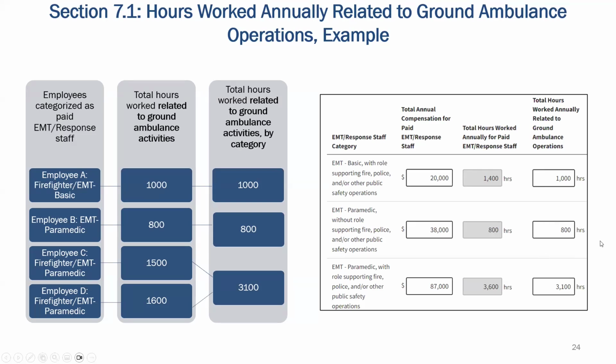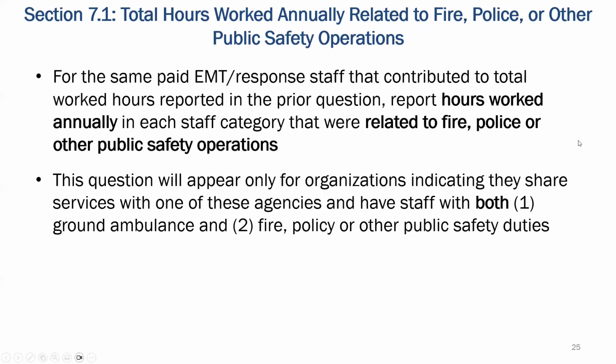Same thing for employee B, the EMT paramedic without a fire role: that 800 hours worked total during the data collection period ports right over to this response on the right, 800 hours. And then for the 2 staff, employees C and D, in the same firefighter paramedic category, their 1,500 and 1,600 hours get added together to 3,100 hours before being entered in the bottom right on the right-hand side of the screen as 3,100 hours.